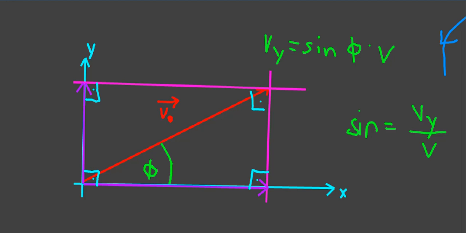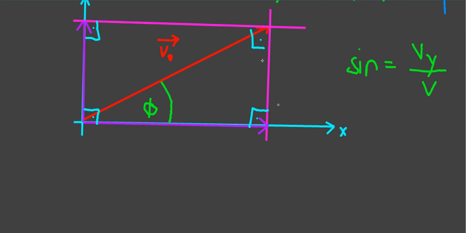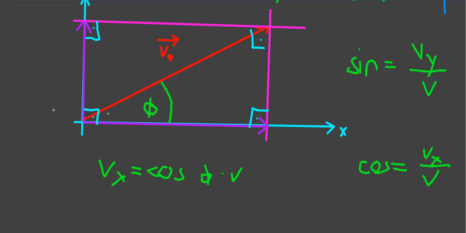Same goes for our initial velocity in the x direction. We just take the adjacent leg. The adjacent leg goes with the cosine. Cosine is just Vx divided by V, and we get Vx is equal to cosine of this angle times our total V.